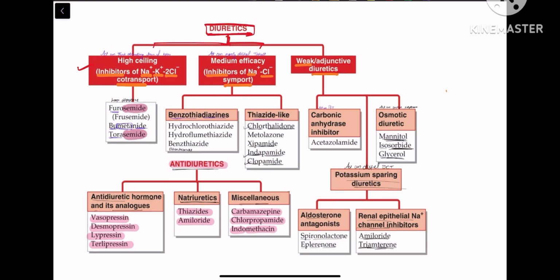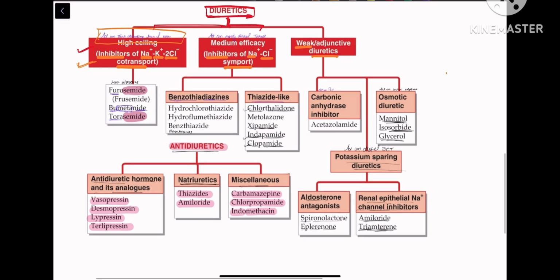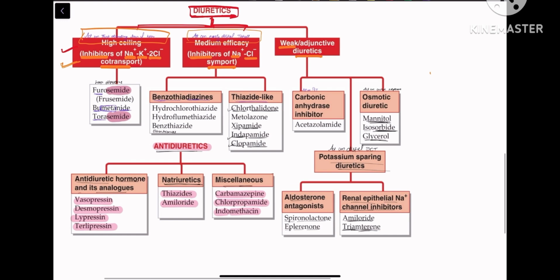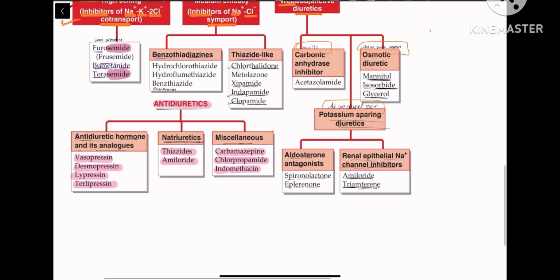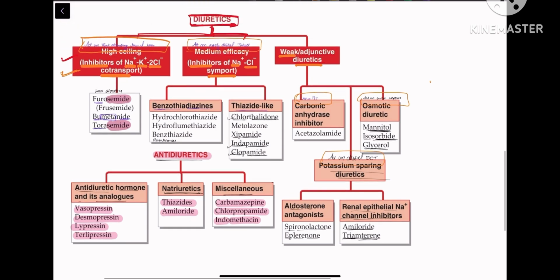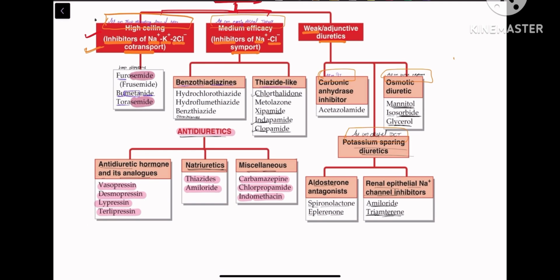The first type acts on the thick ascending loop of Henle. This acts on the early distal tubule. This acts on the PCT part. This acts on the whole part of the nephron, and this acts on the distal part of the DCT.